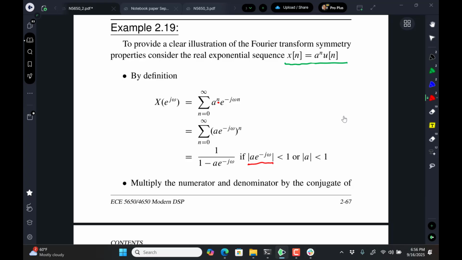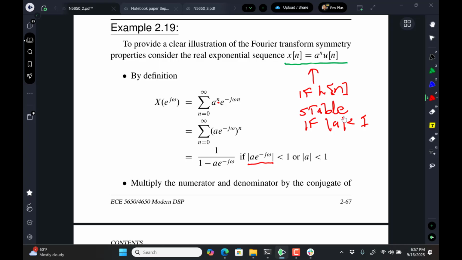And if we were talking about an impulse response rather than just a signal, then we just say it's stable if the magnitude of a is less than 1. And we've already seen that.